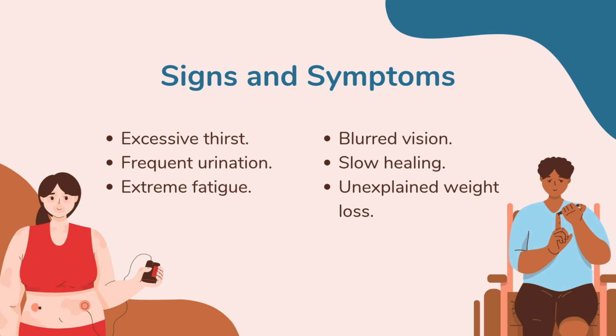In some cases, people are only diagnosed when they already have serious complications. So I think that paying attention to these signs and getting regular checkups is really important, especially for people at higher risk, like those with a family history of diabetes or unhealthy habits.